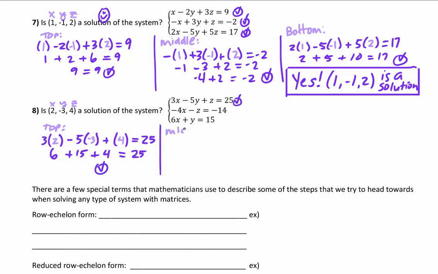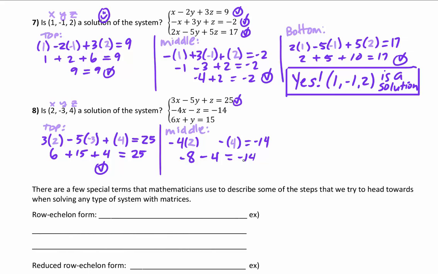That's good. Let's try the middle. Looking at the middle equation, we have negative 4 times x, and then we are subtracting z, and we should get negative 14. I left a big gap since y is missing, so that'll help me remember 2 goes here, but then we are subtracting 4. Y doesn't occur in that equation. So this makes negative 8 minus 4 equals negative 14.